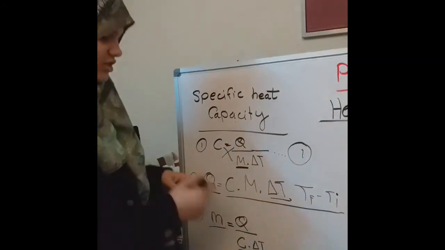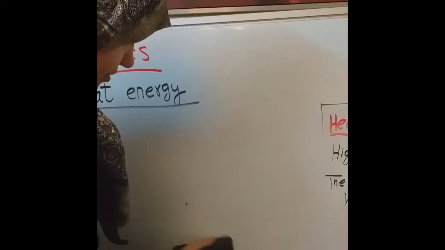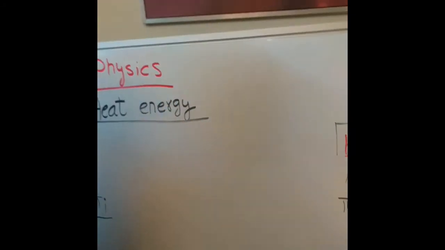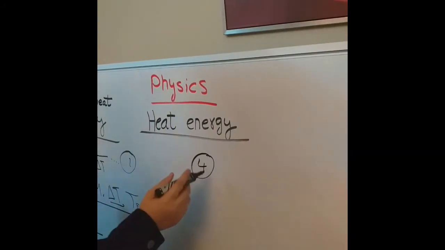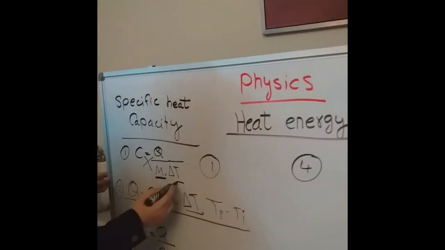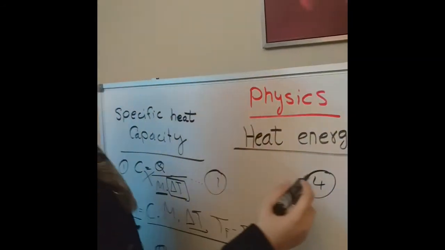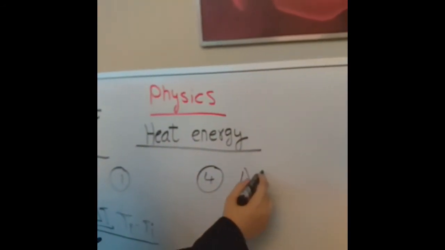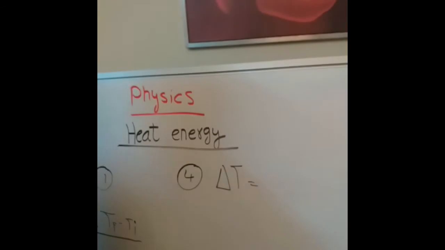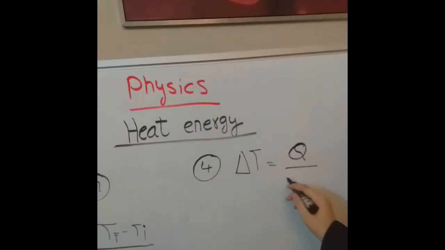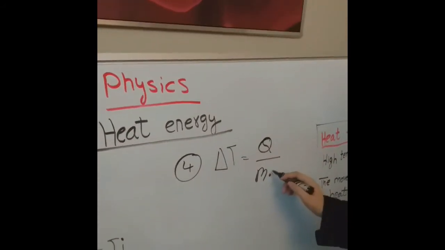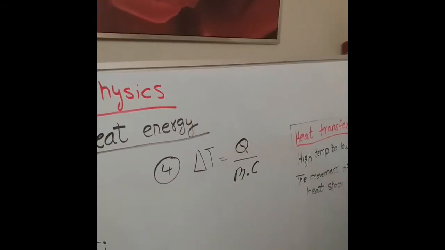Then the fourth formula. If you want to know the change of T, the change of T equals Q over mass times the specific heat capacity.